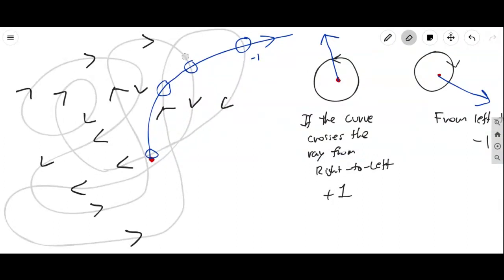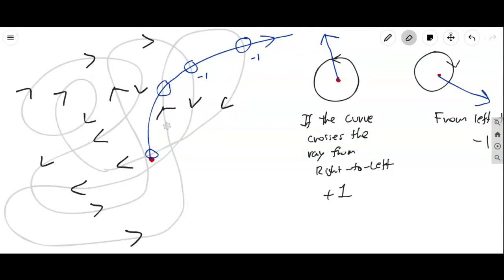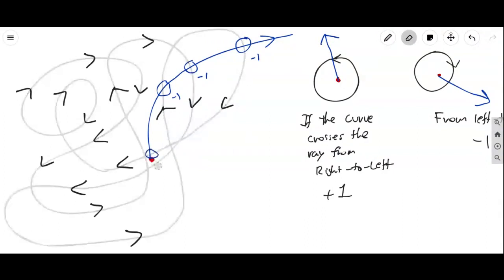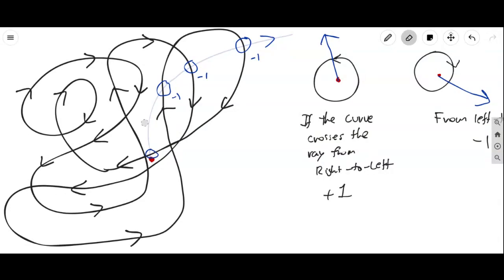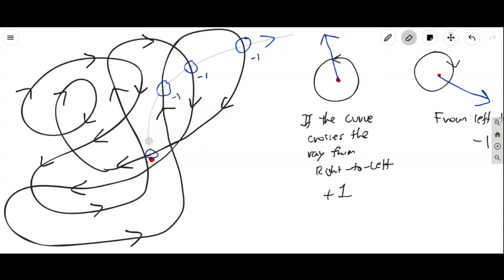This one is going from left to right. That's -1. This one is going from left to right. So that's -1 also. What about this one? This one is going from, so you're kind of pointed this way, and then you're going from right to left.